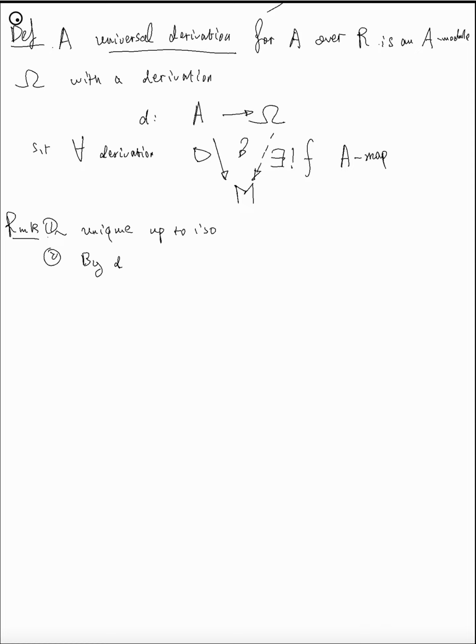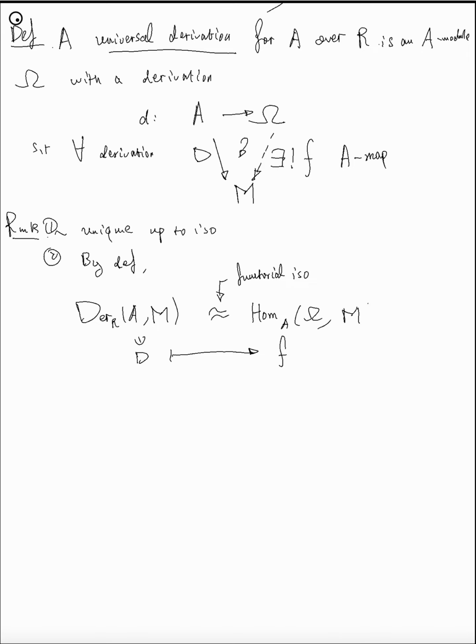Secondly, by the definition, we have this module we just defined, all the derivations from A to M. But whenever you have such a derivation, you get that unique f, and so there is not only a bijection but a functorial isomorphism.